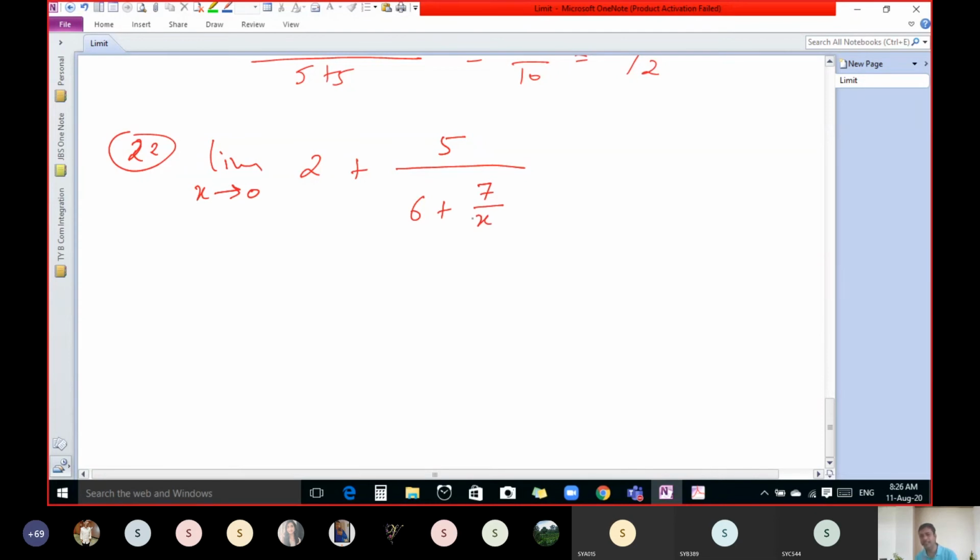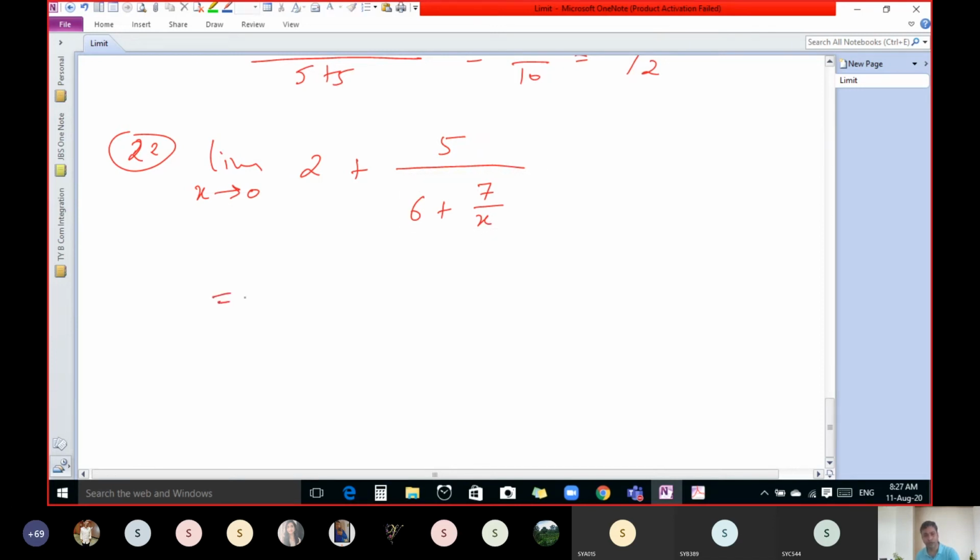Now this is a slightly complicated example if you don't have a good idea about fundamental mathematics. Okay, now listen, what we have to do: first of all put x equal to 0 here, since only x is here.